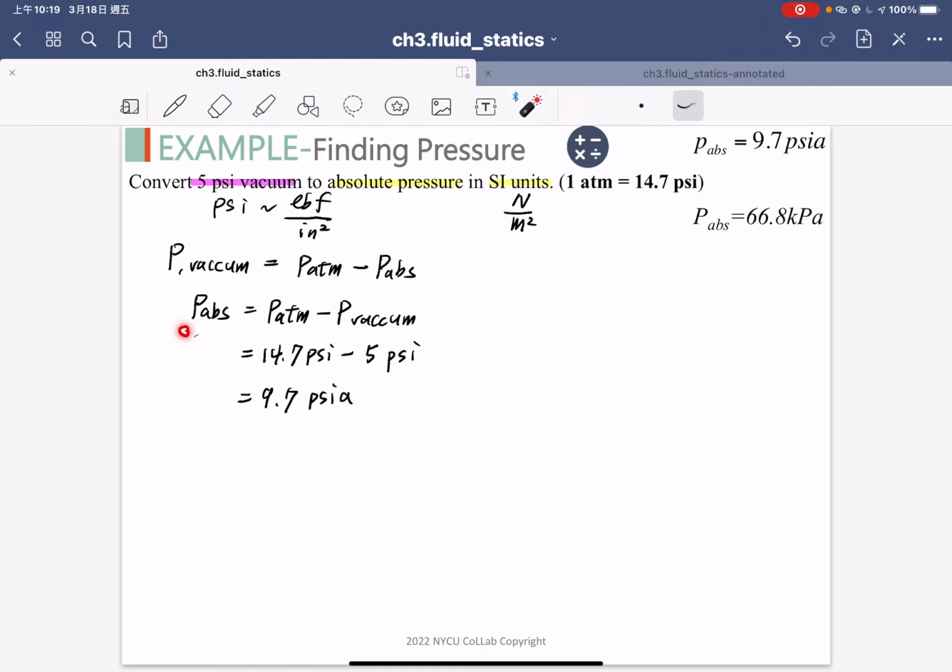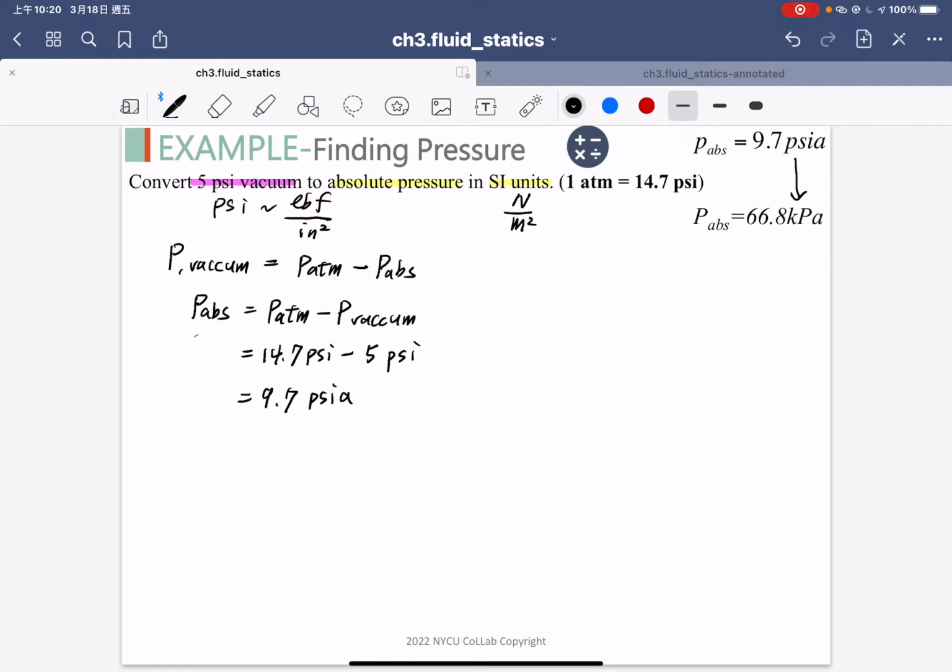Okay, so if you know the formula, you can compute the absolute pressure very quickly. But if you didn't know the formula before, you cannot understand the answer of this example. But for the final question, we need to convert the PSI into SI units.